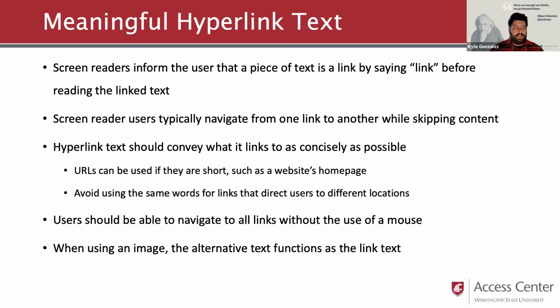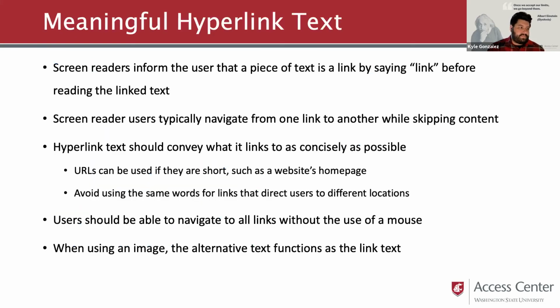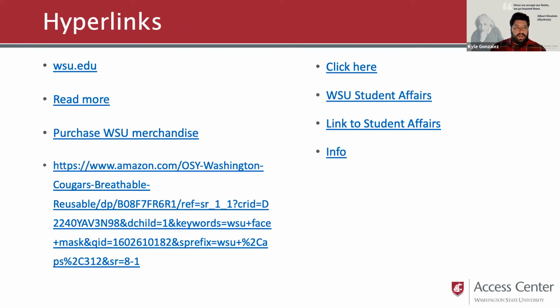Now, as I mentioned, you can use the full URL if it is short. So wsu.edu, that's perfectly fine. The one we had on the previous slide of Amazon, you don't want to use that for the obvious reason that the screen reader will actually say link https://www, so on and so forth. And you want to avoid using the same words for links that direct users to different locations.